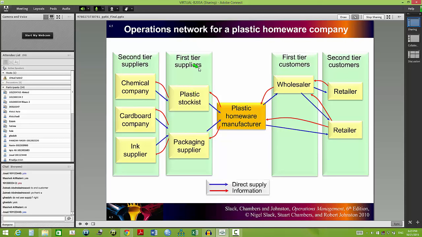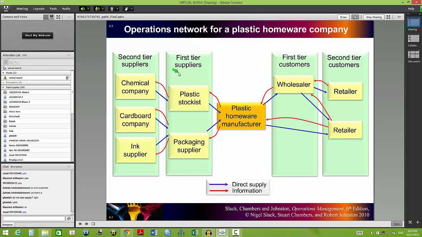We call them the first tier suppliers, or the first level suppliers. So they take the plastic and, using some special machines, they make the homeware plastics.